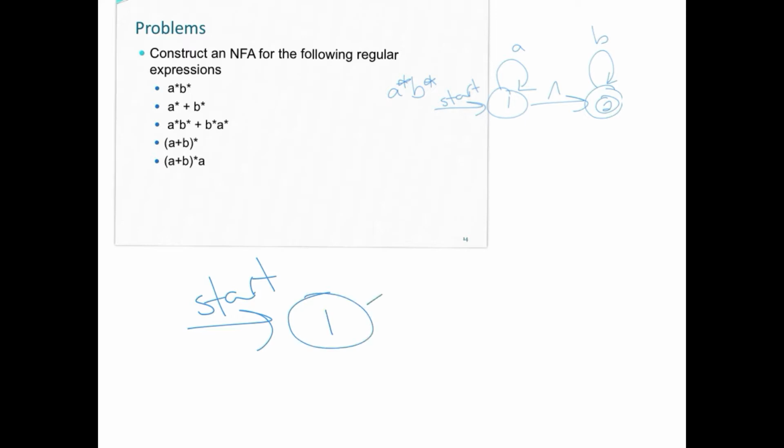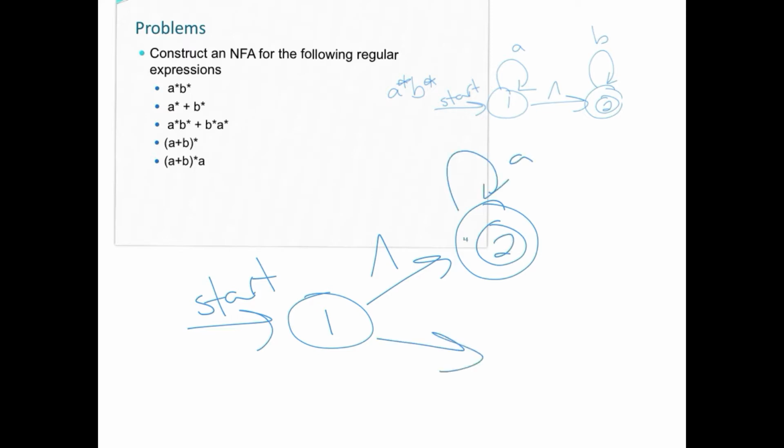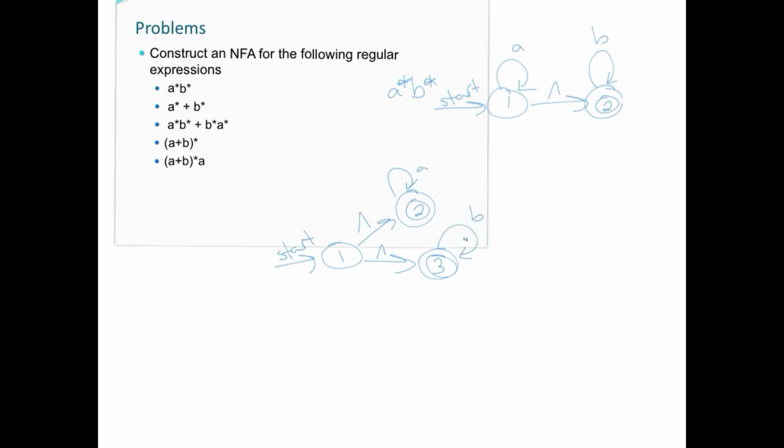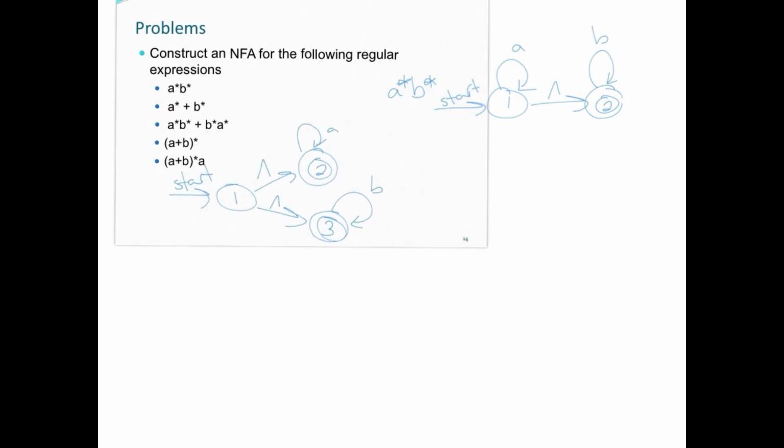I'm going to use that lambda transition again. Lambda, state 2, 0 more A's, or lambda, state 3, 0 more B's. All right, let's put that one maybe there. I'm not going to have room for all of them, but we'll see.